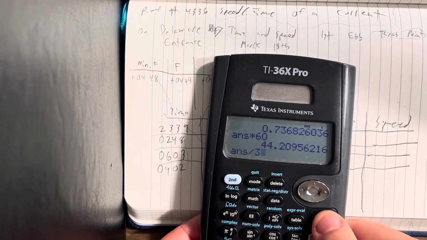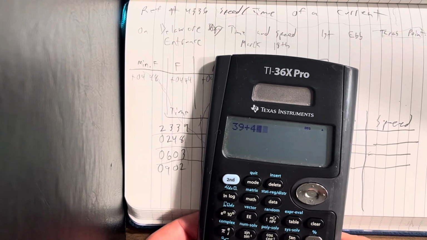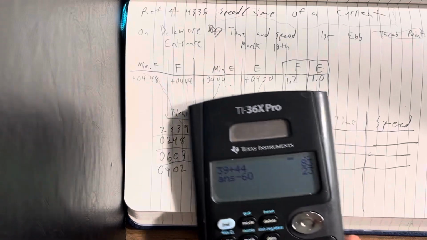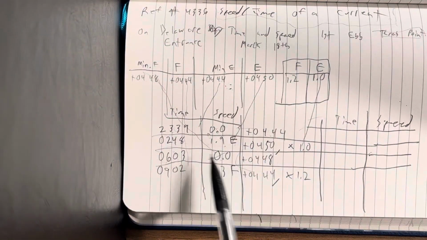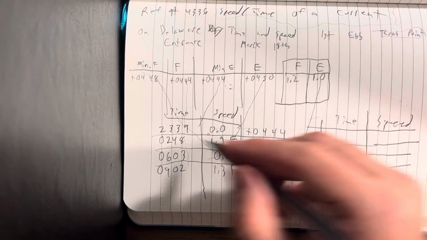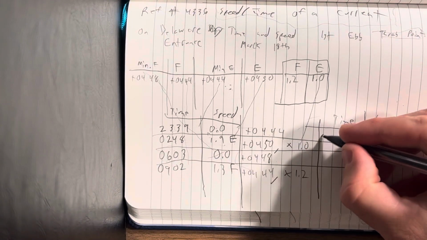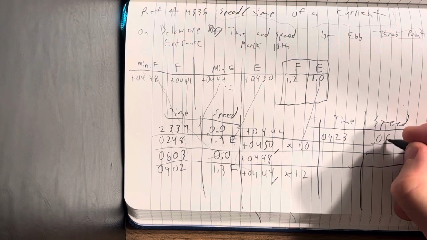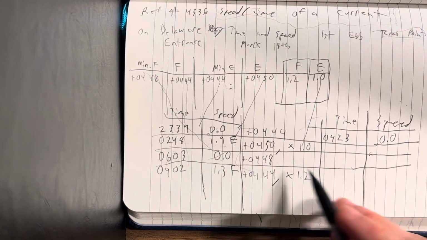So 39 plus 44, we get 83. We subtract 60 because that carried over an extra hour. 23, and I already said that we were at 3 o'clock from adding the hours, so we get 0423 with a speed of 0.0 because it's slack water.